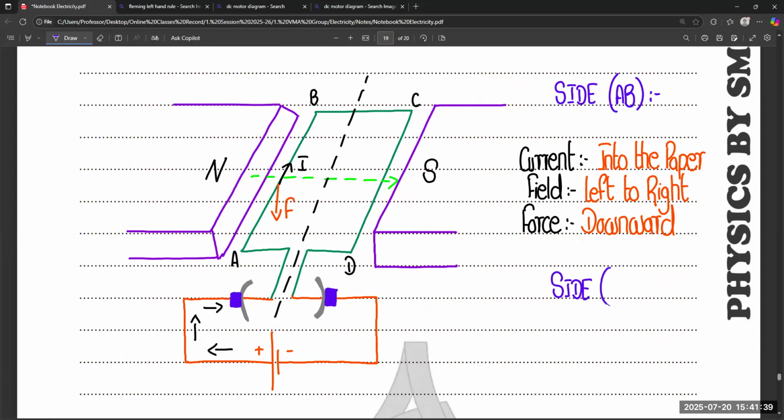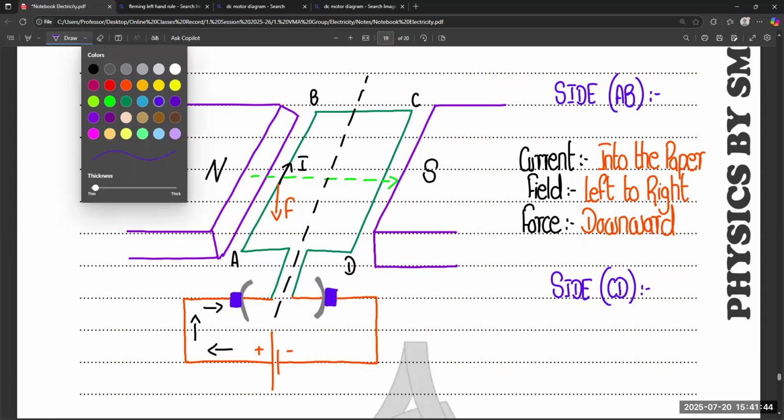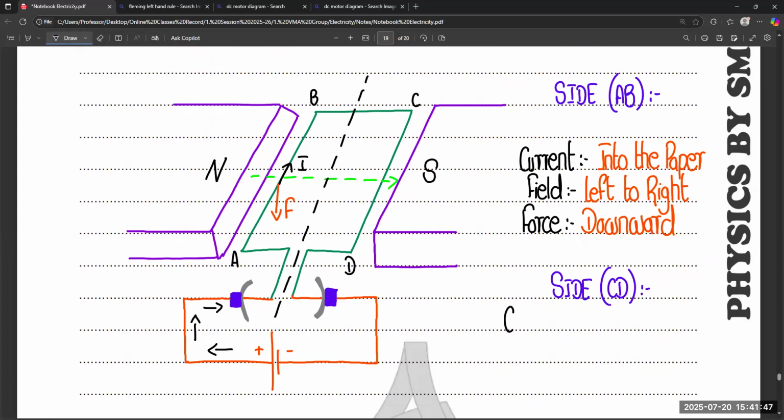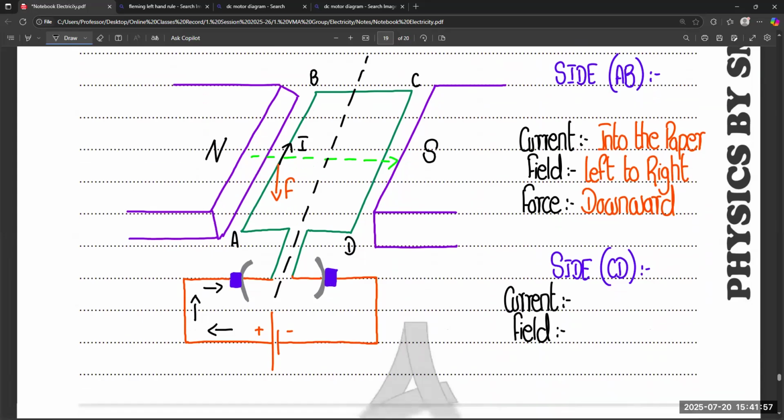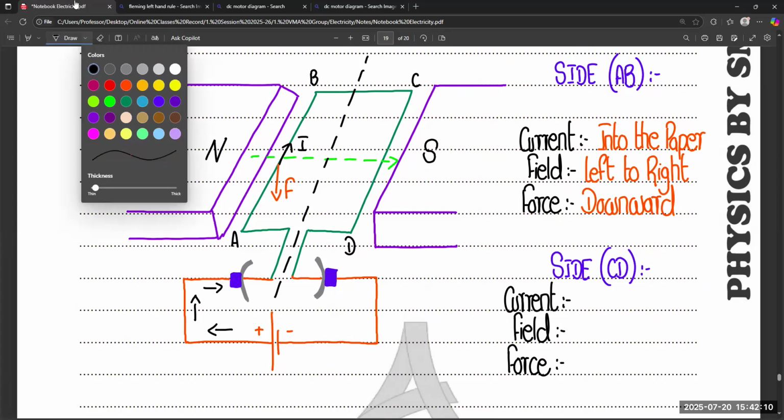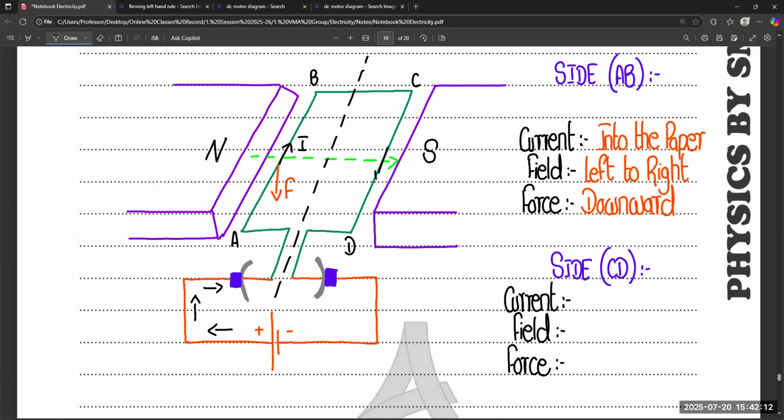If we consider side CD of the coil, we look at the direction of current, field, and force. The direction of current is out of the paper because now current is moving in this direction.